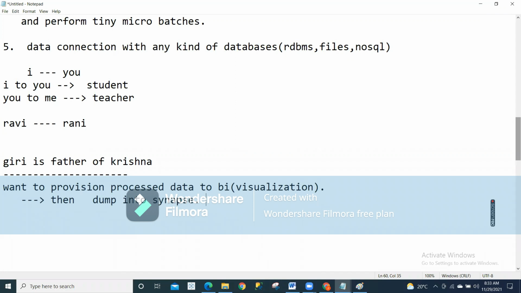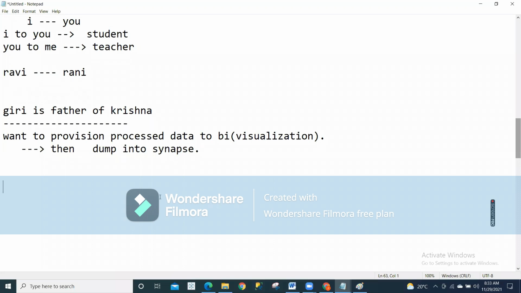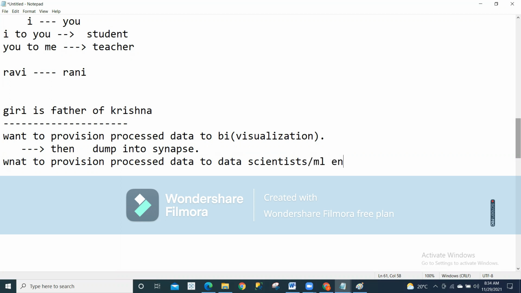Got it. The processed results I will keep into the Synapse. Now, next thing, I want to provision processed data to data scientists or machine learning engineers or AI engineers.